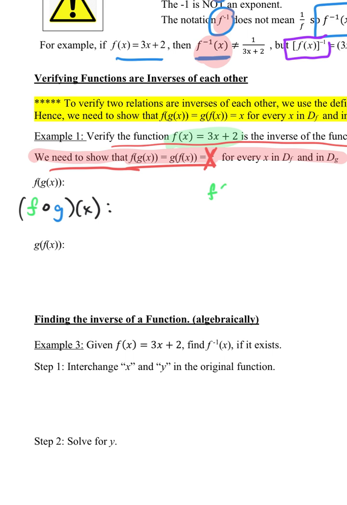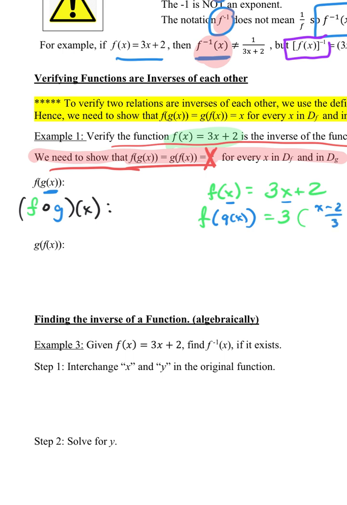I'm going to start with the outside function, and I'm evaluating f of x at g of x. Everywhere I see an x, my input to my function f is going to be the entire function g of x. So I'm substituting in g of x for x.